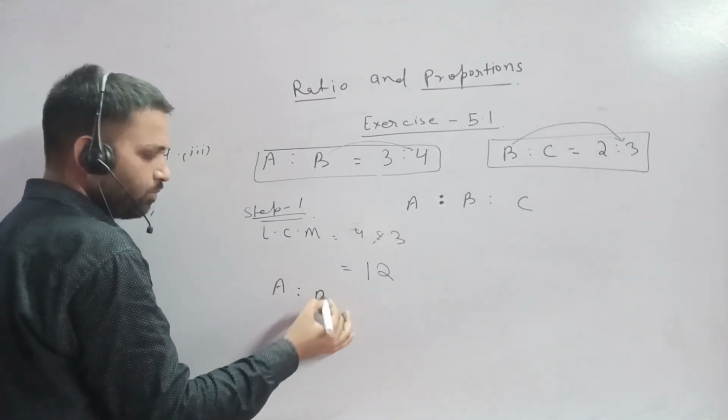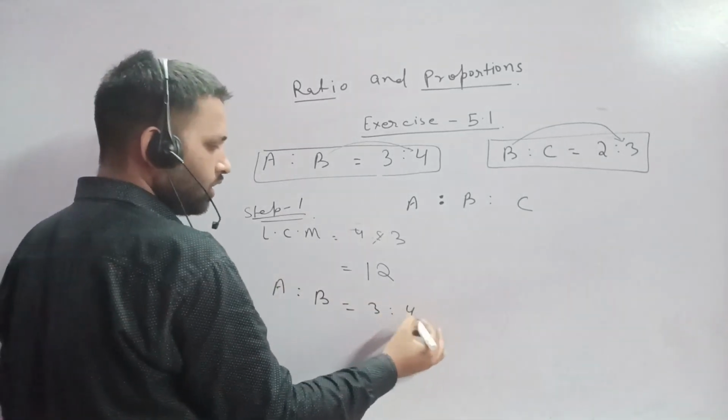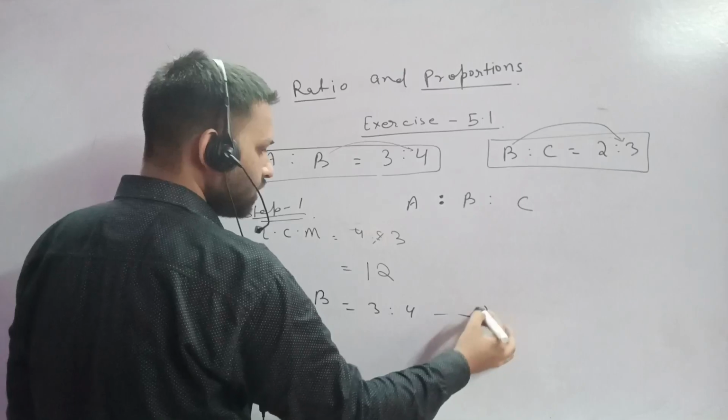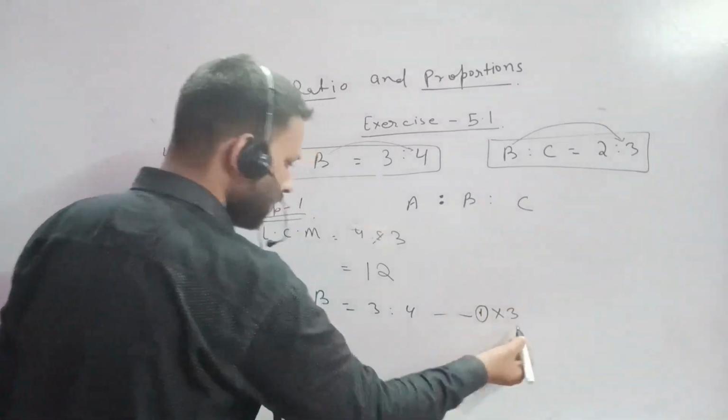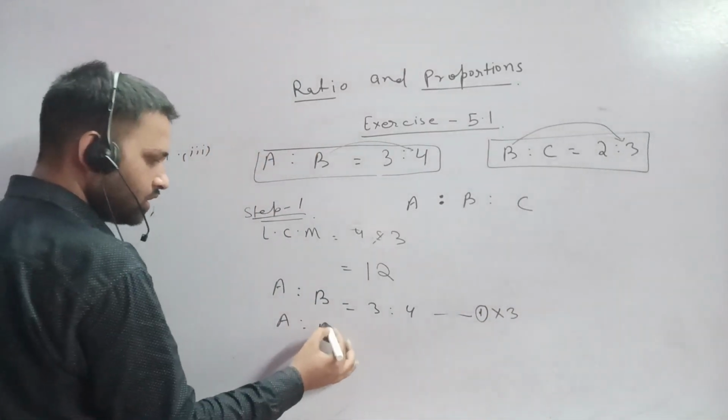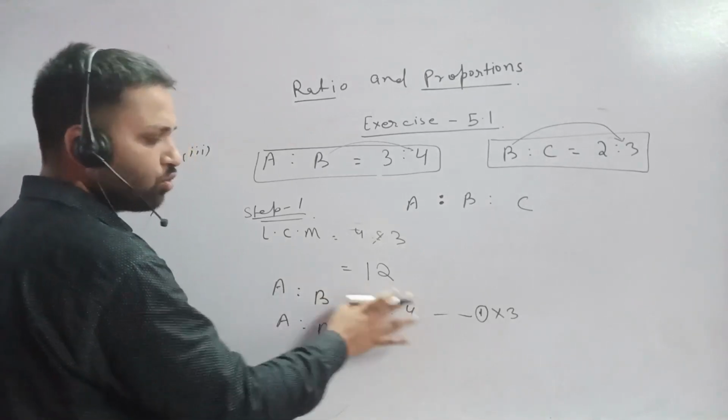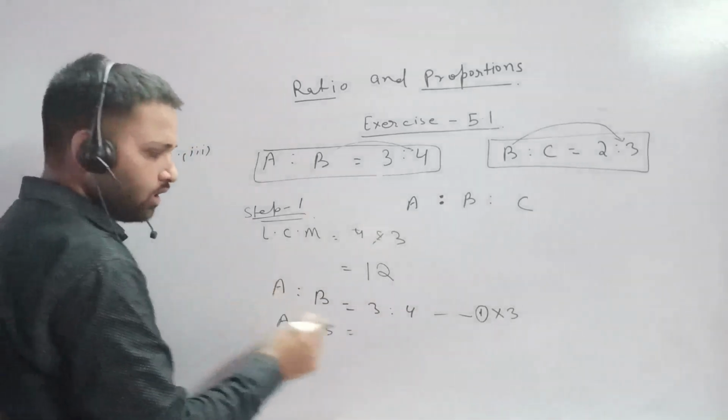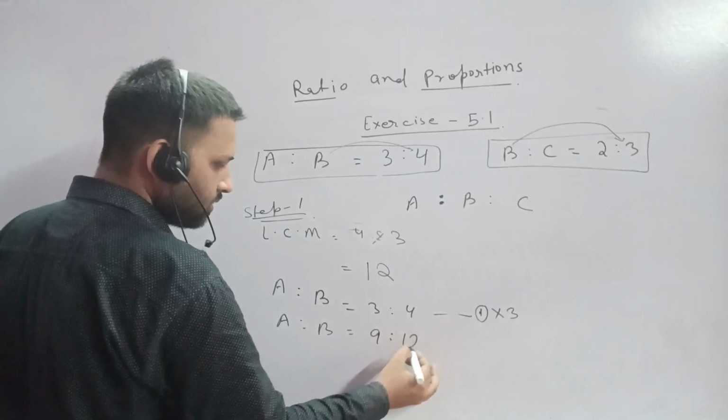Here a is to b is 3 is to 4, multiplied by 3. Now a is to b becomes, taking only the ratio part, 9 is to 12.